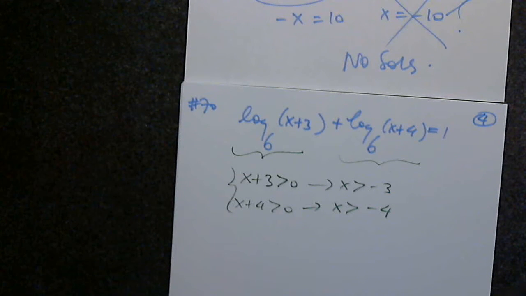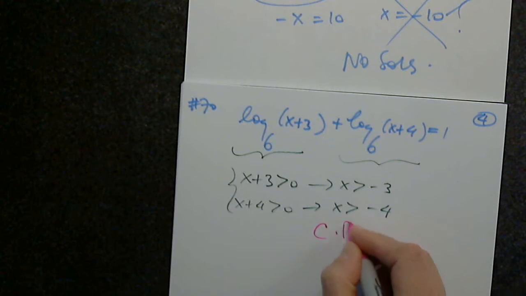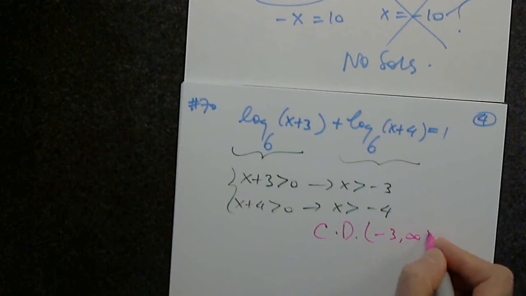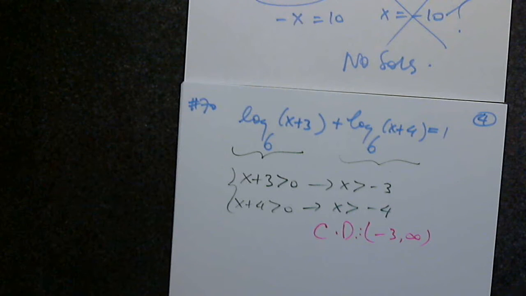Negative 3 to your right, negative 4 to your right. I need the common territory. What would be the common territory? Negative 3. Excellent. Common domain, negative 3 to infinity.